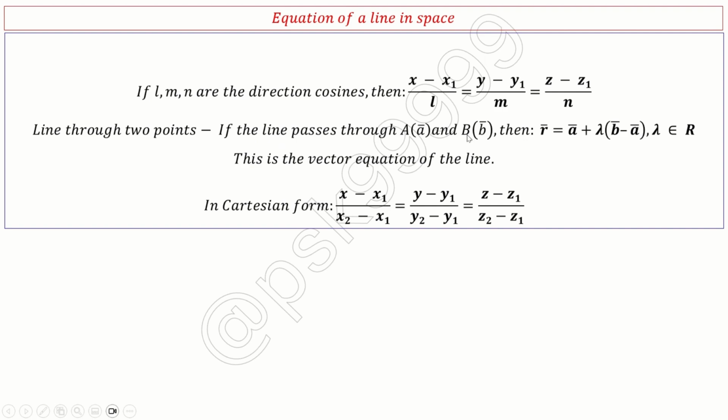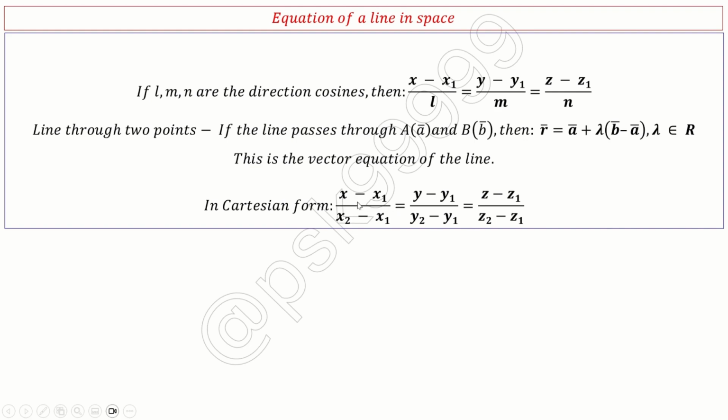Line through two points: if a bar and b bar are the two points, then you take any point, a bar, because it is passing through a bar, plus lambda times (b bar minus a bar), which gives you the direction. Here lambda belongs to R again. This is the vector form, and if you want the Cartesian form, it becomes x minus x1, or you can take x2 also, doesn't matter. (x minus x1) divided by (x2 minus x1), this is where you get the direction of x, then direction of y, direction of z.